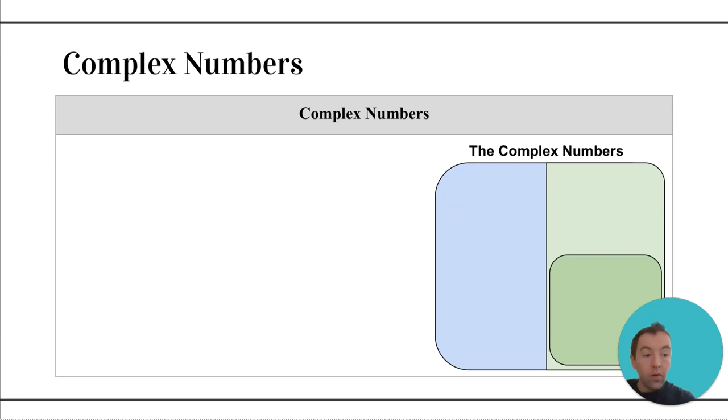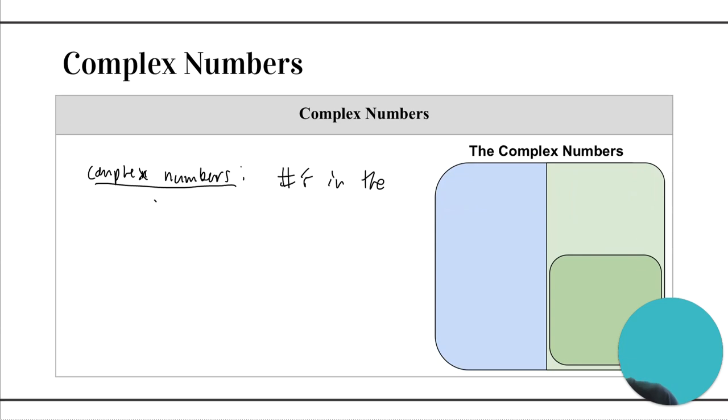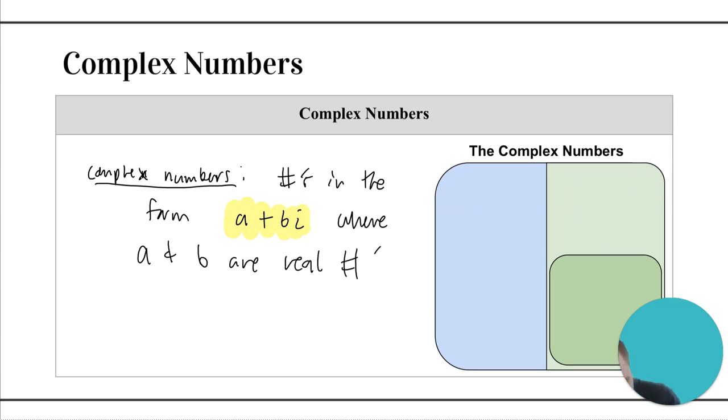And so we are going to now start using complex numbers quite a lot. So when you have a complex number, basically complex numbers are just numbers that can be written in a certain form. So complex numbers are going to be numbers that are in the form a plus b times i, where both a and b are going to be real numbers.